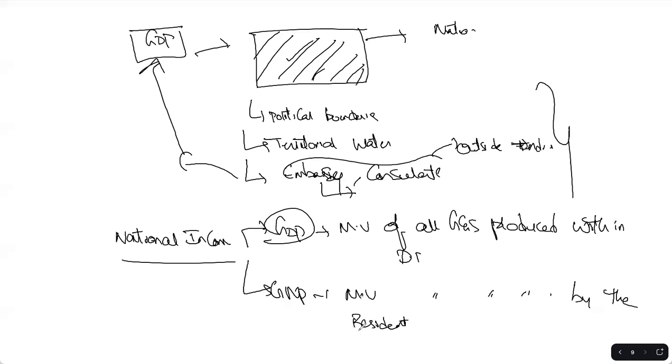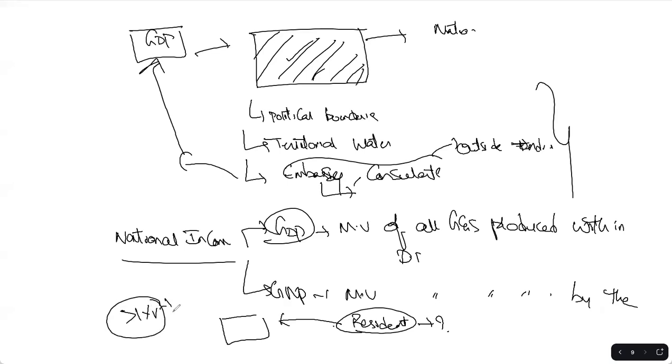Now, who are residents? Is it the citizen? No, it is not citizen. A citizen can be resident or may not be the resident. The resident is the one whose economic activity lies within that country. It is based on criteria like greater than 1 year if you are residing in that nation, or your legal entity, your company, is registered in that particular country. So all those activities fall under the status of residency.